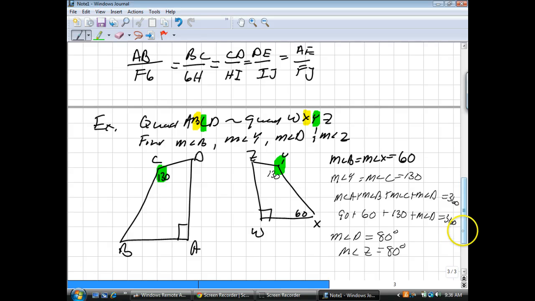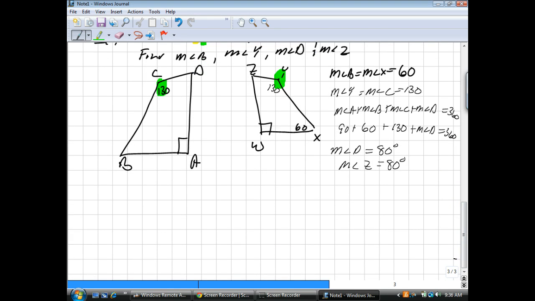All right. Now we've also talked about that corresponding sides have to be in proportion if two polygons are similar. Okay. Well, the ratio of the lengths of the two corresponding sides is called a scale factor.